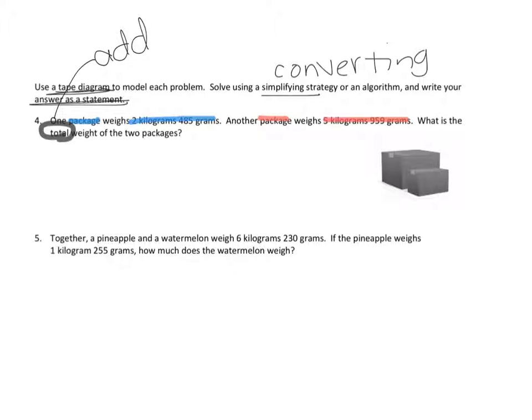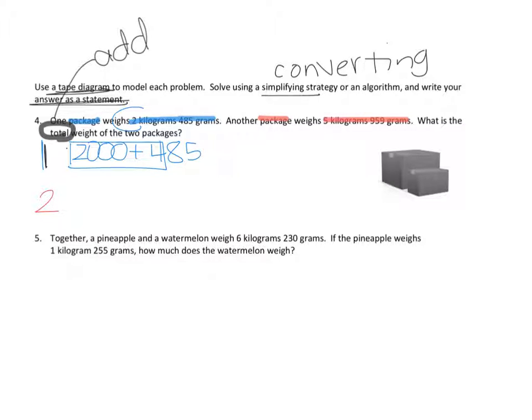Alright, so let me go ahead and draw a quick tape diagram here. So package number 1, actually I should do it in blue, is 2 kilograms, 485, so 2,000 plus 485. Now where did I get 2,000 from? I converted the 2 into grams. Package 2.